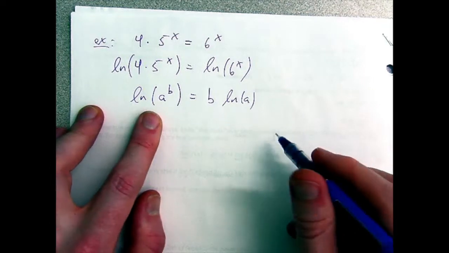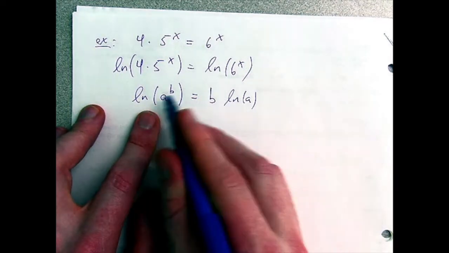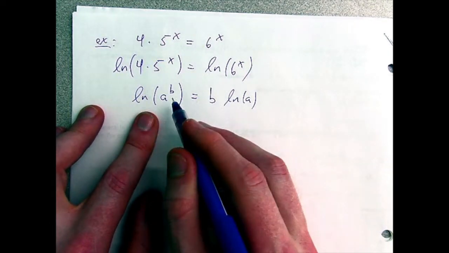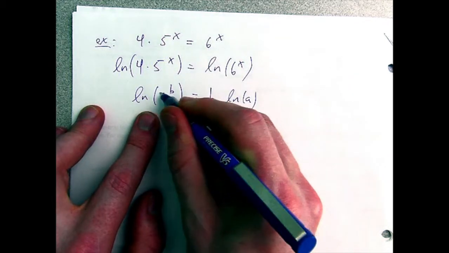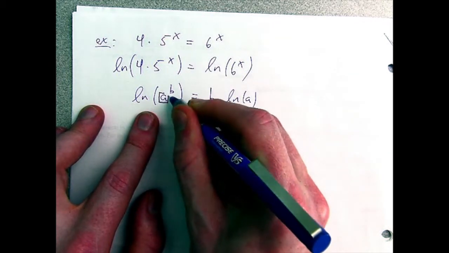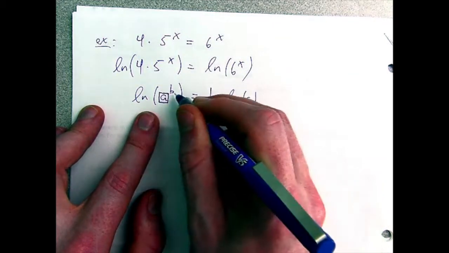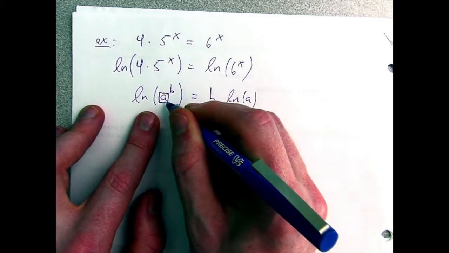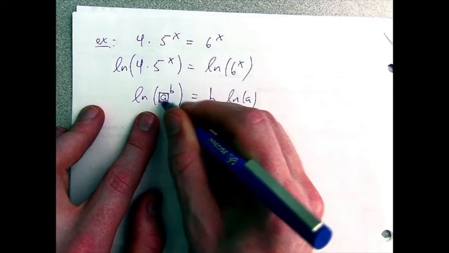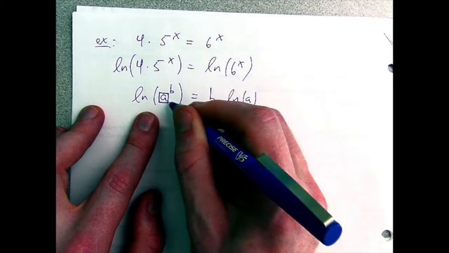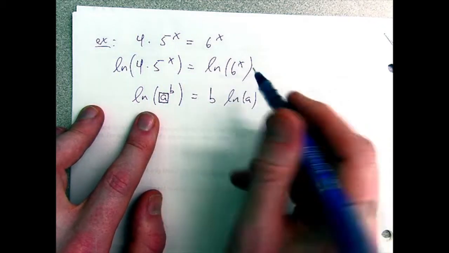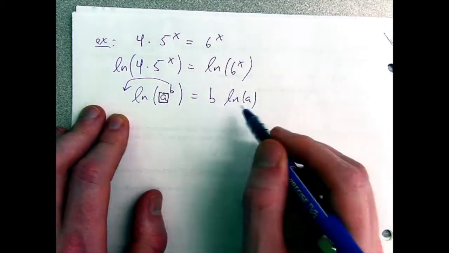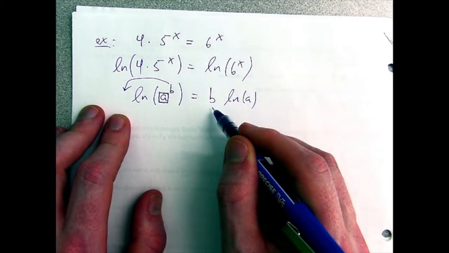The trouble is that in this rule, it is the entire inside of the logarithm that is being raised to the power. Not just part of it. Not just a factor, but the entire inside of the logarithm is being raised to that power. Only then is it true that the power can be pulled out and put on the side.